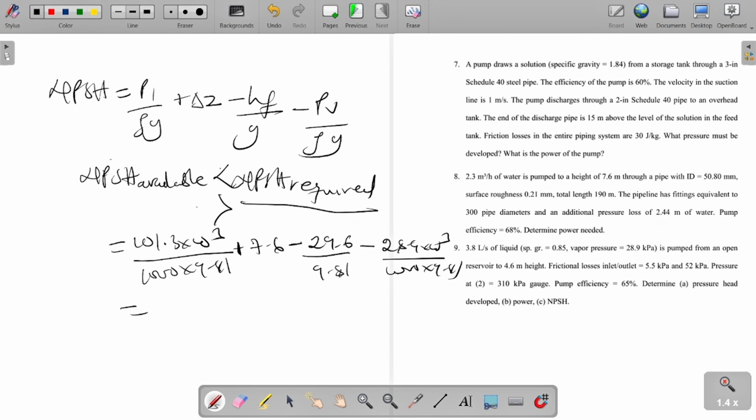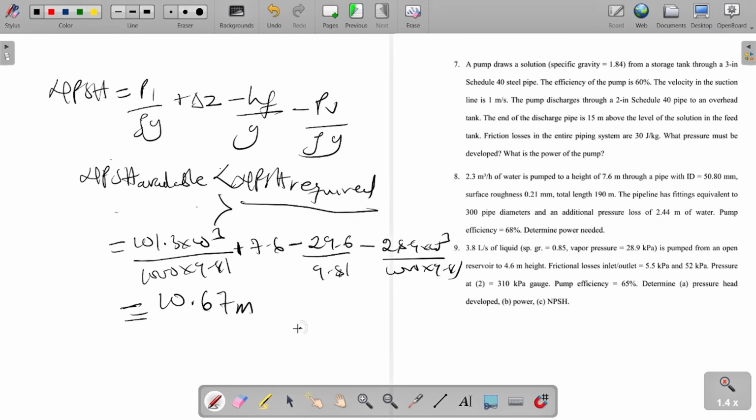Then plus 29.6 divided by 9.81, then minus 28.9 times 10 to the power 3 over 1000 times 9.81, right? So I had an NPSH of 10.67 meters, right? So it's measured in meters, right? So this is the NPSH available.